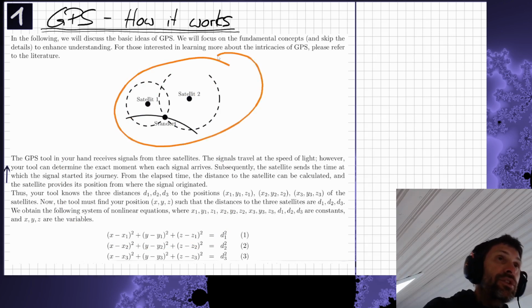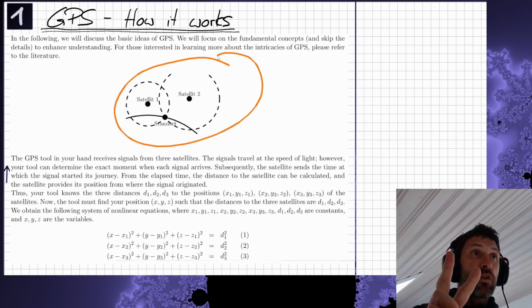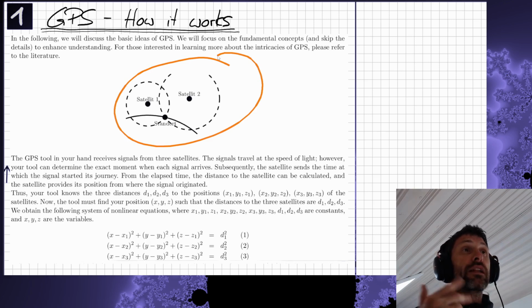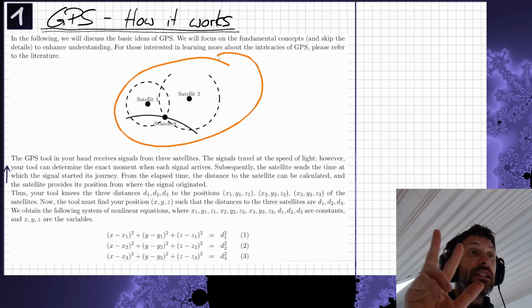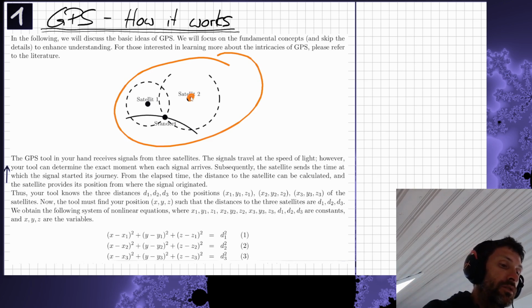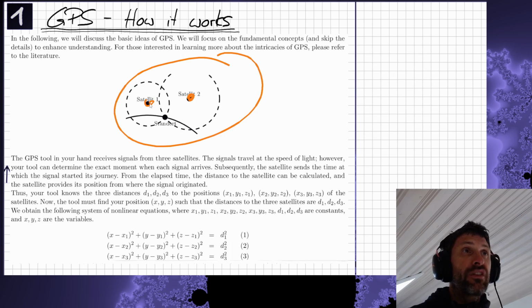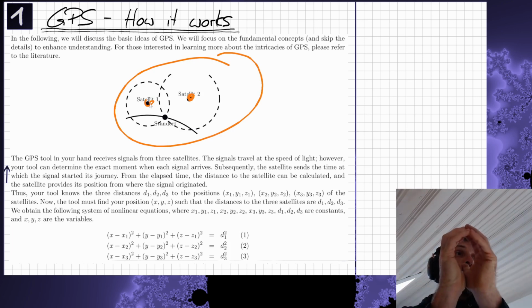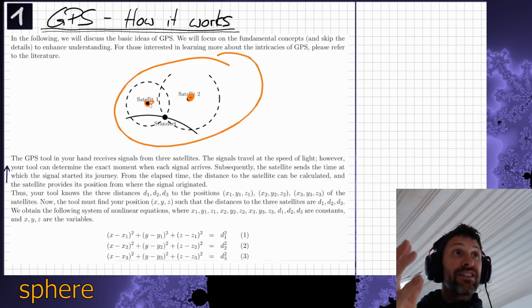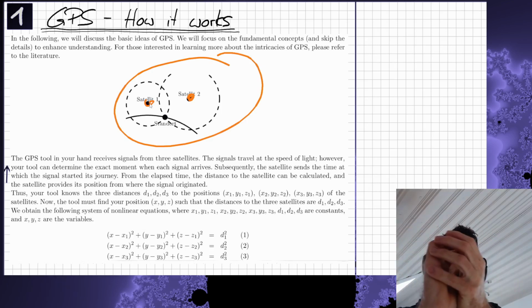What we see here is a 2D visualization. The reality is 3D, and that means we don't need only two satellites, we need three satellites. And knowing the distance to one satellite, we know we are somewhere on such a sphere. Having a second satellite, we know we are somewhere on this sphere.